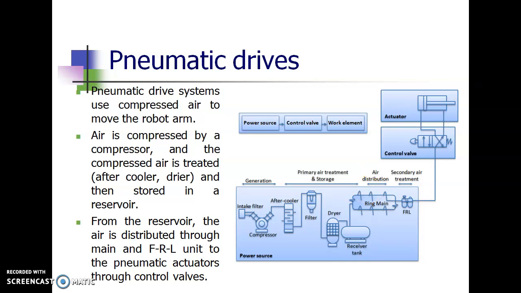After the secondary air treatment, it goes through the control valves, as I already mentioned earlier, the flow control valves as well as direction control valves, and finally it reaches the actuator. Again, in pneumatics, there are two kinds of actuators. One is the linear actuator, another one is the rotary actuator. Linear actuators are called cylinders and rotary actuators are called pneumatic motors.